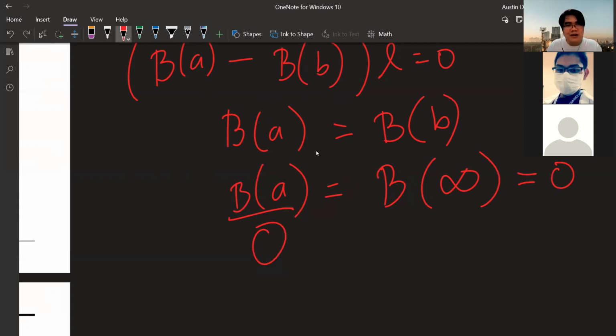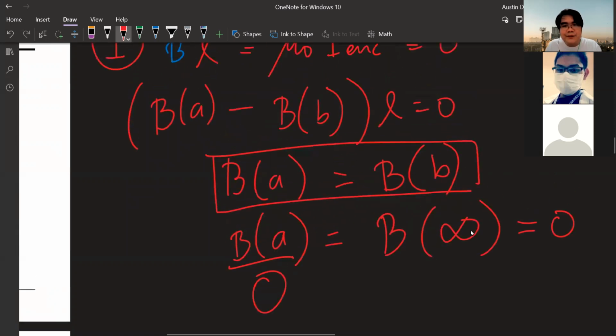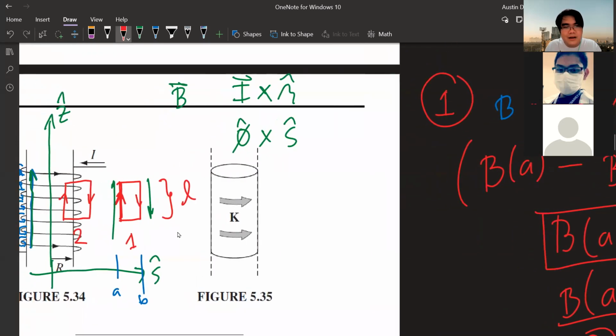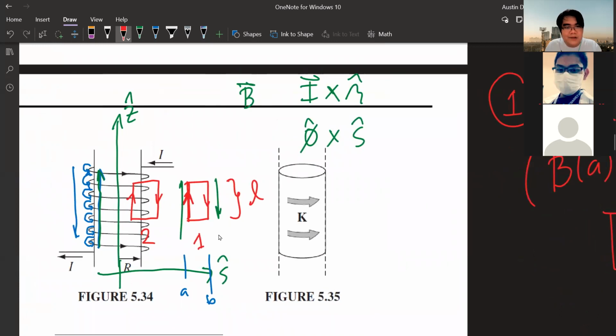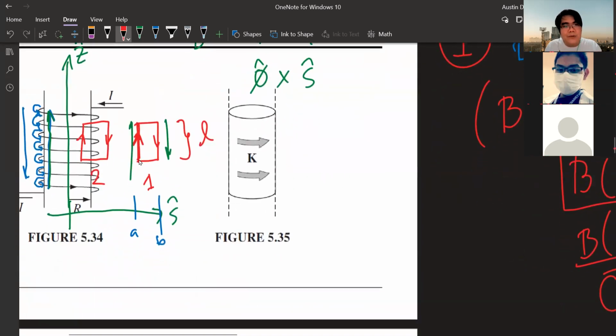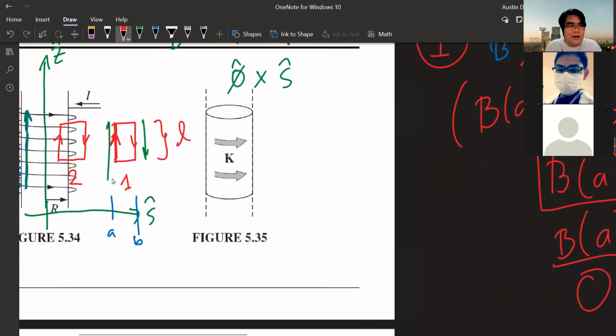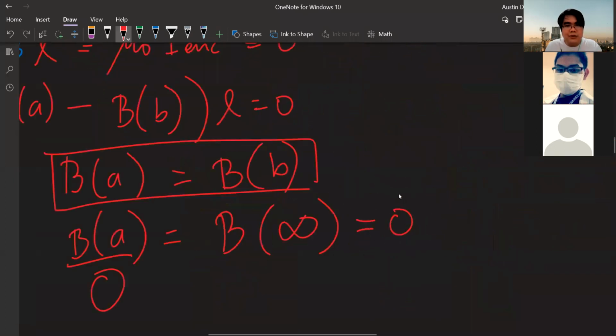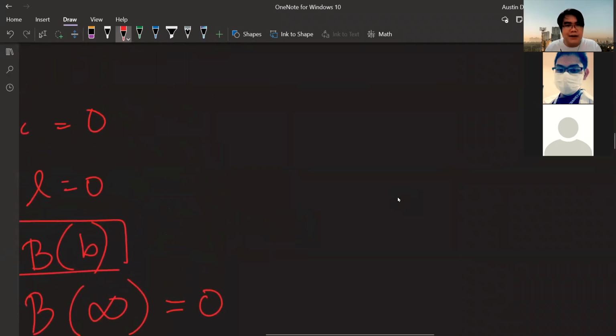With this equality, with this expression. Okay? So outside the solenoid, the field is just 0. Okay? Okay. Now, let's use loop number 2 to find out what's inside.